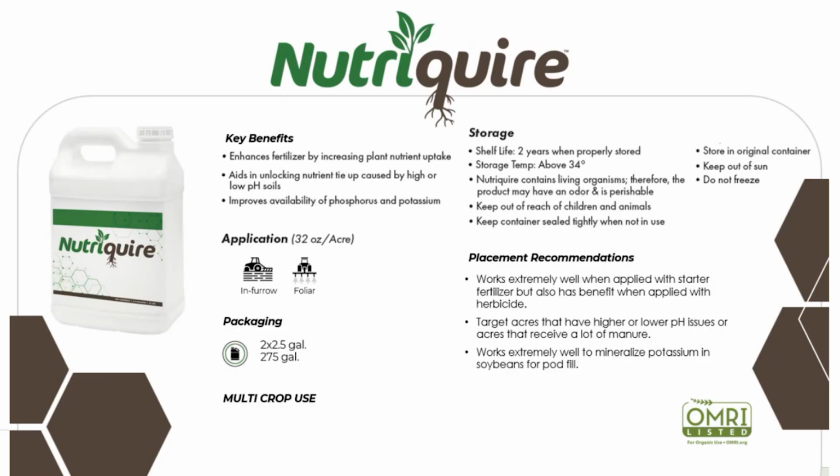Now, it's not going to give you, if you just take DAP out and put NutriQuire in, necessarily that 13 bushel yield bump that's in our yield data booklet every single time if we're cutting the DAP out other than our standard practice. But if you can save $30 an acre out of spreading DAP, or 40 or 20, whatever that number is, spend the 13 on the NutriQuire and save money to get the exact same yields that you would.